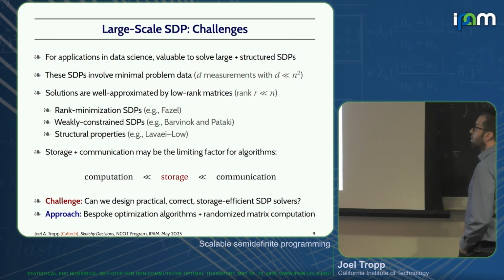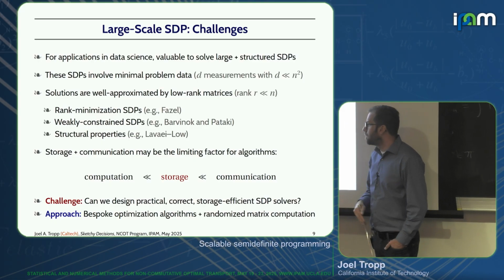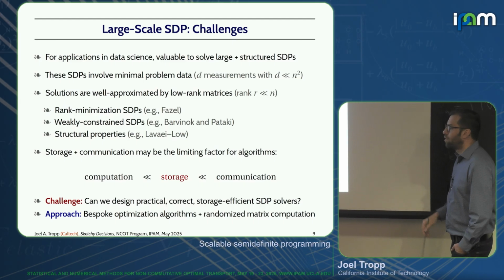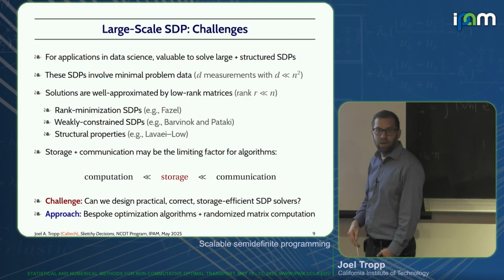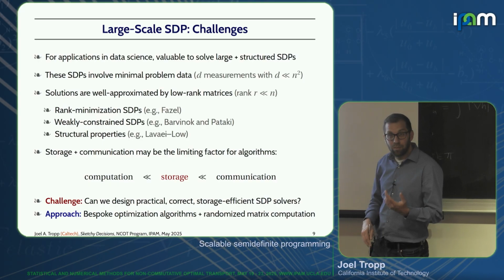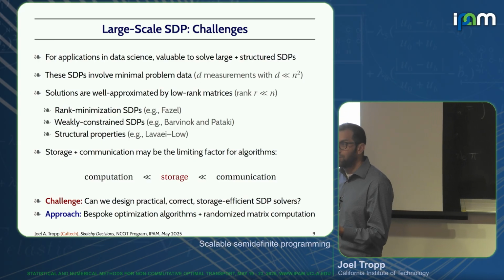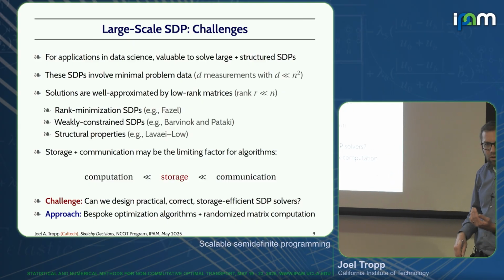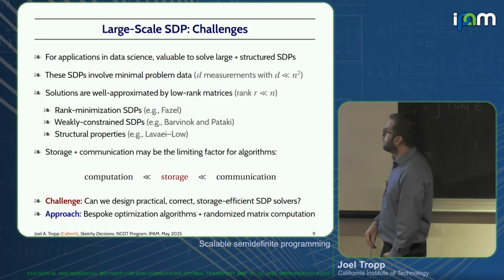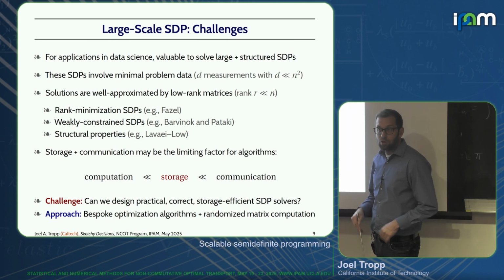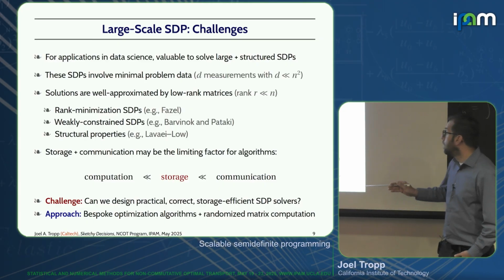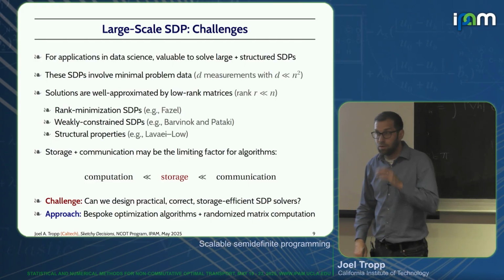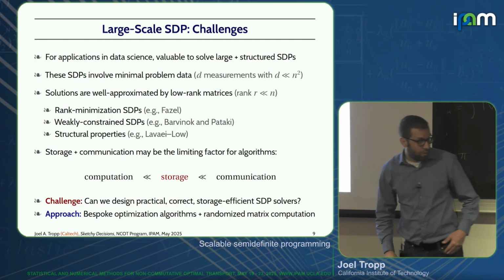Okay, so the goal of this project was to design practical, correct algorithms that solve large-scale SDPs and have minimal storage. Okay? So this was the same goal that Burer and Monteiro framed, but I would assert that they did not solve the problem. As you could see on the previous slide, their algorithm doesn't always work. Okay? And so our approach is going to be to design optimization algorithms that are targeted to the class of problems we're interested in, and we're going to use randomized matrix computations to help avoid the storage costs that were inherent in previous correct methods.